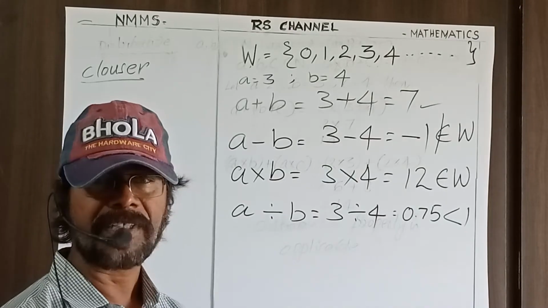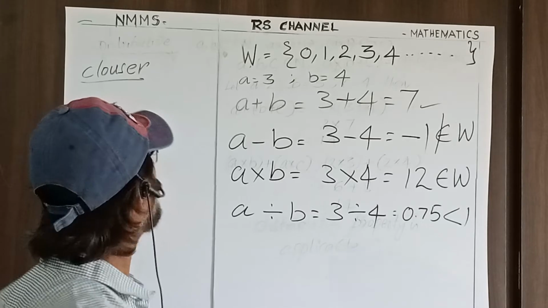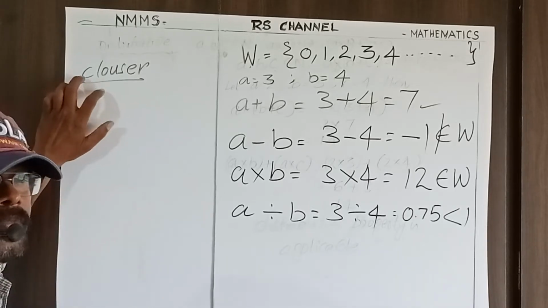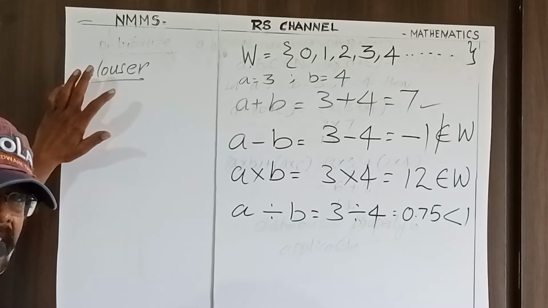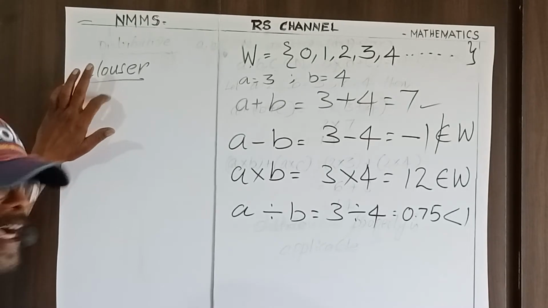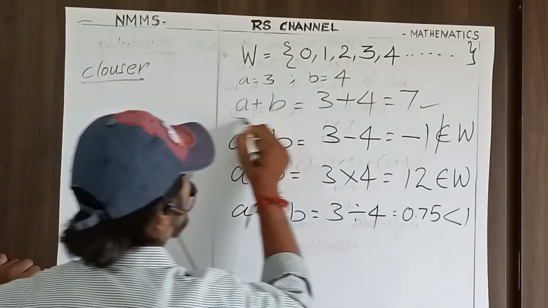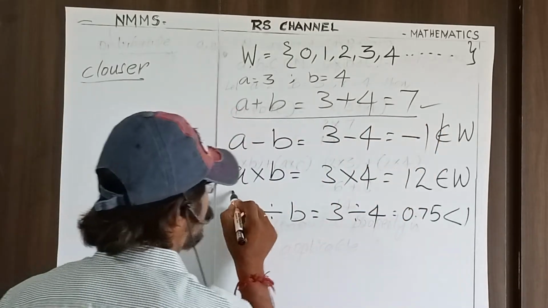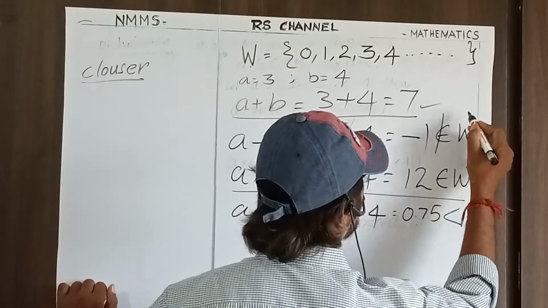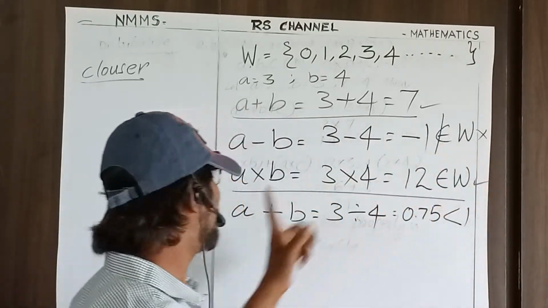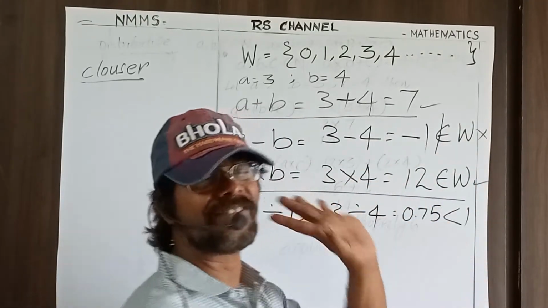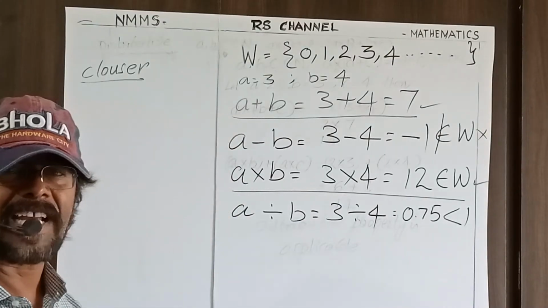Okay? Understand? So closure property is applicable for the operations addition and multiplication. Addition is okay. Multiplication is okay. Subtraction is not okay. Division is not okay. Understand?